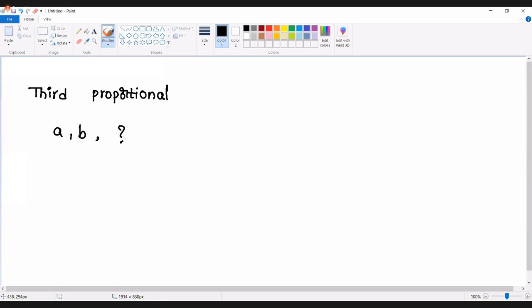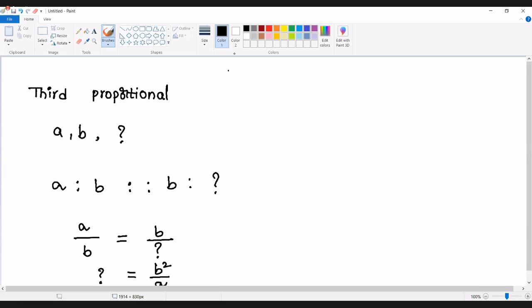They will expect us to find out what is the third proportion. So in order to write it in the format, I am writing A, B, I am writing B again, and this is the question mark value. So I am writing this as A by B is equal to B by question mark. So from this, question mark is equal to B square divided by A.